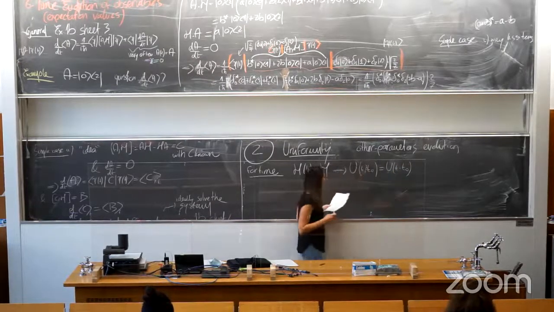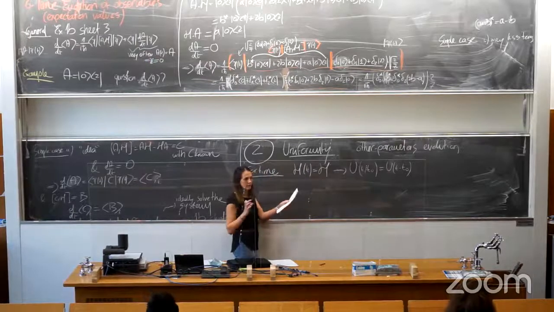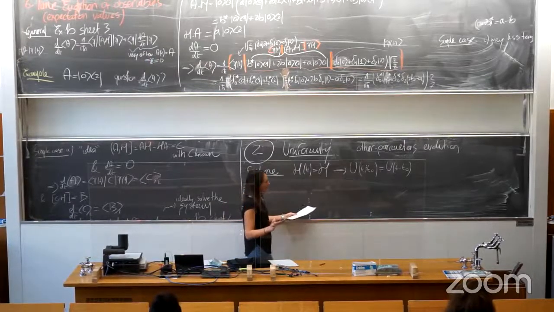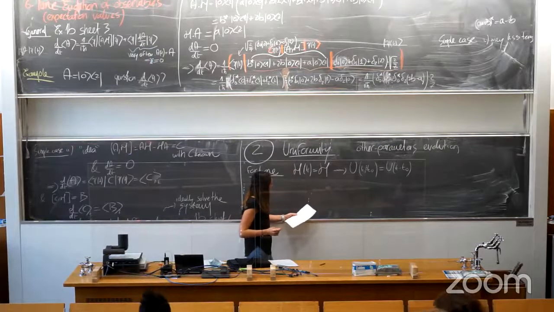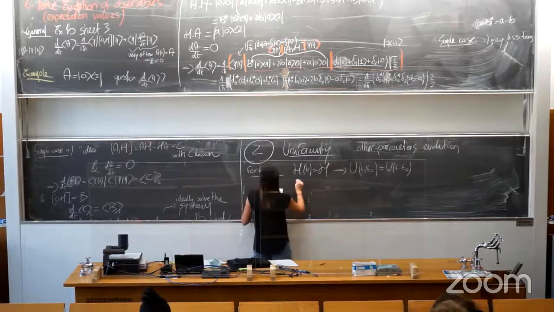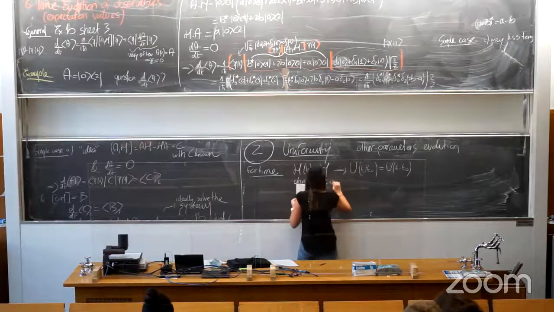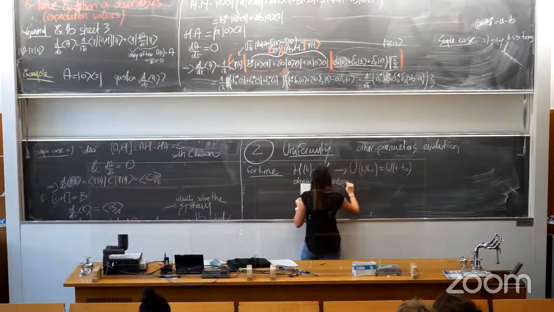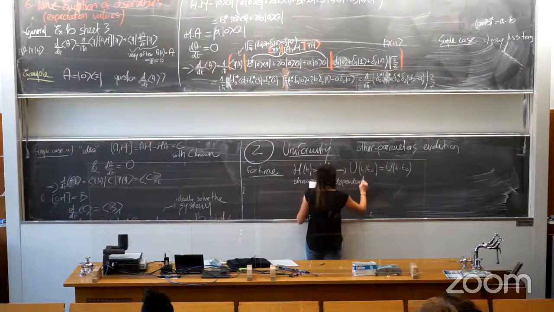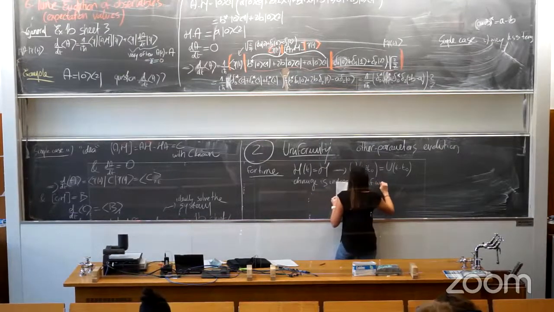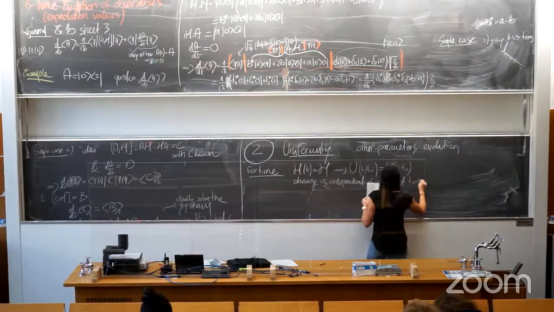So the evolution operator at any time is equivalent, and so we can say that it is independent if we are at t equals 0, 1, and so on.